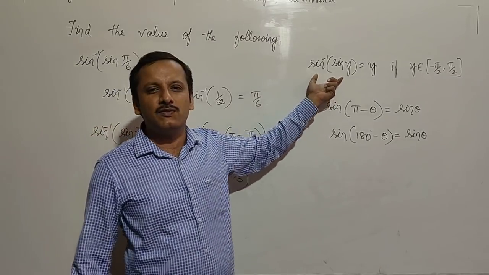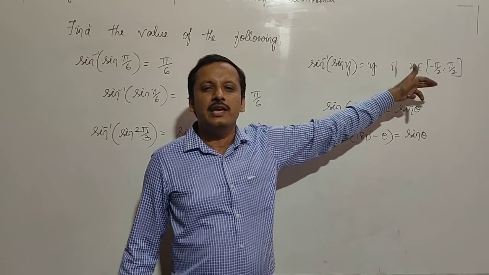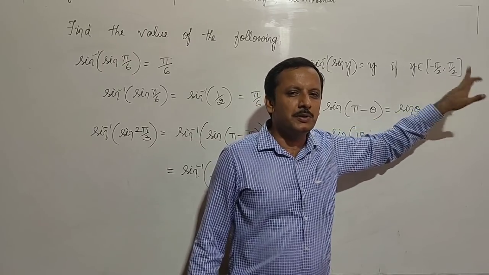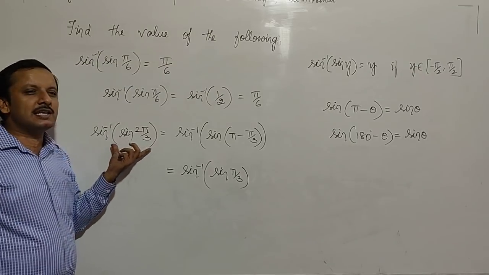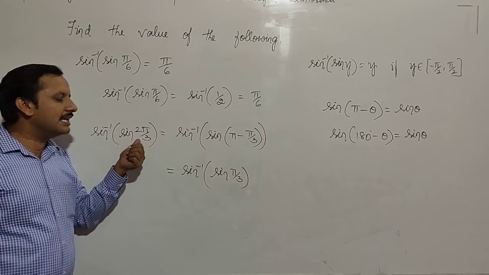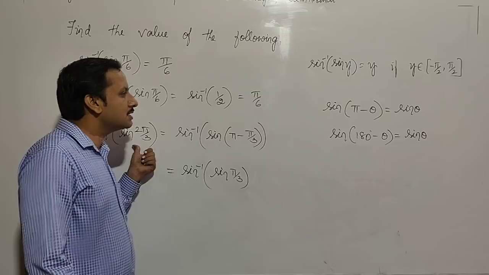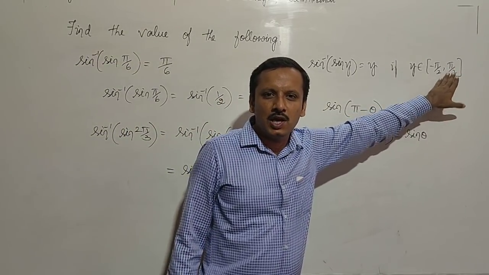Let us come back to this formula. Sine inverse of sine y is equal to y if y lies in the interval minus pi by 2 to pi by 2. Students, please understand this here. In the original problem, we had sine inverse of sine 2 pi by 3. There we couldn't directly write it as 2 pi by 3 because that 2 pi by 3 does not lie in its principal branch.